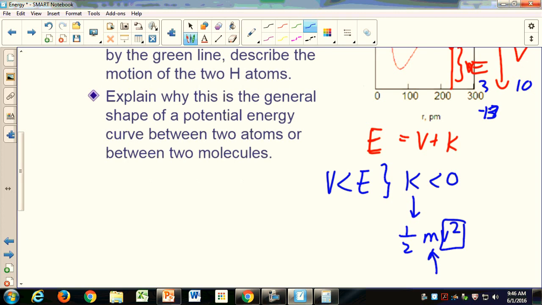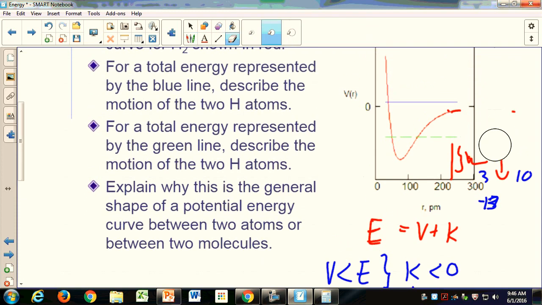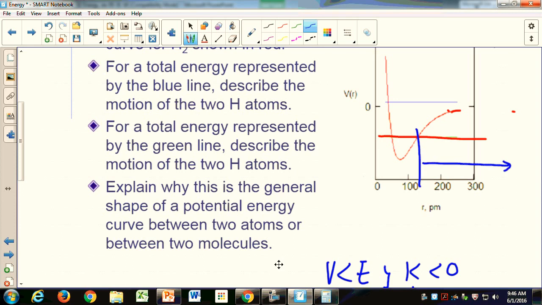So this is impossible. So what we say then is all of these distances where the potential energy is above your total energy are forbidden. You can say it's classically forbidden.